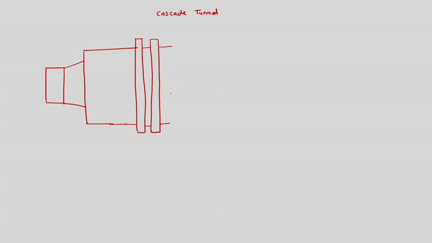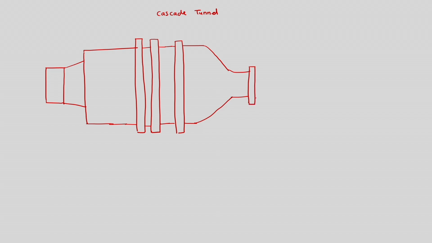Among those, what we are trying to draw here is the blower type of cascade tunnel, where firstly the drive of the air would be created using the blower, and then the rest of the tunnel would continue, and in the tunnel, as we know, there are different parts.